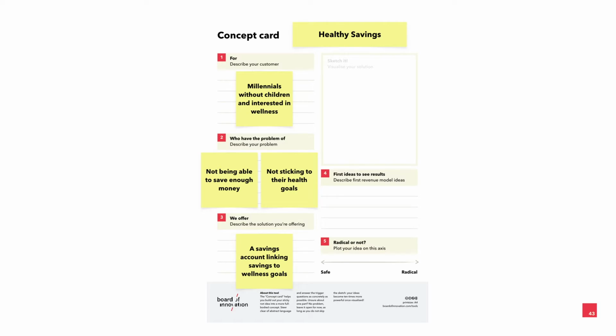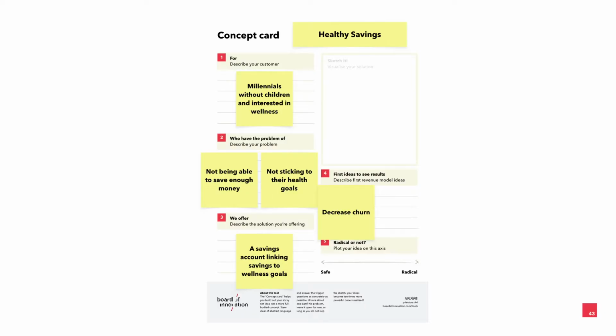What we'll offer is a savings account linking savings to wellness goals. For example, we might give them a higher interest rate if they achieve certain wellness goals. Then we write down some first ideas to see results. So in this case, it might decrease churn, or it might increase the lifetime value of each customer to 1,000 euros.